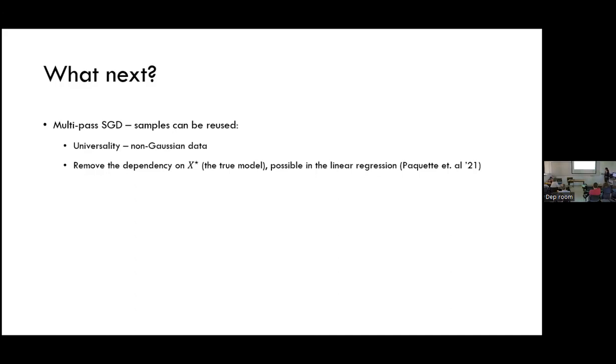Instead of using X star, you can use the Y itself. Why does that bother us? Because what we would like in the end is that you take our equation and you just plug in your data, so that we would not have this dependency on X star, and we currently have some ideas of how to do that as well.